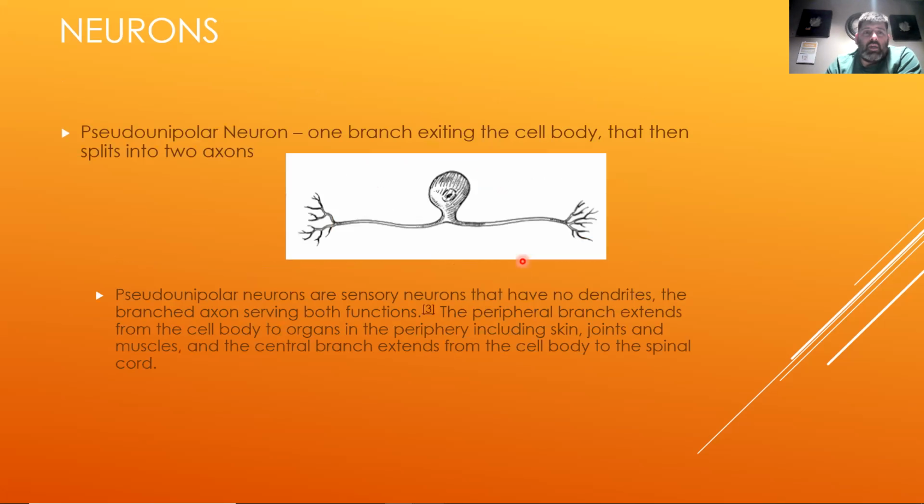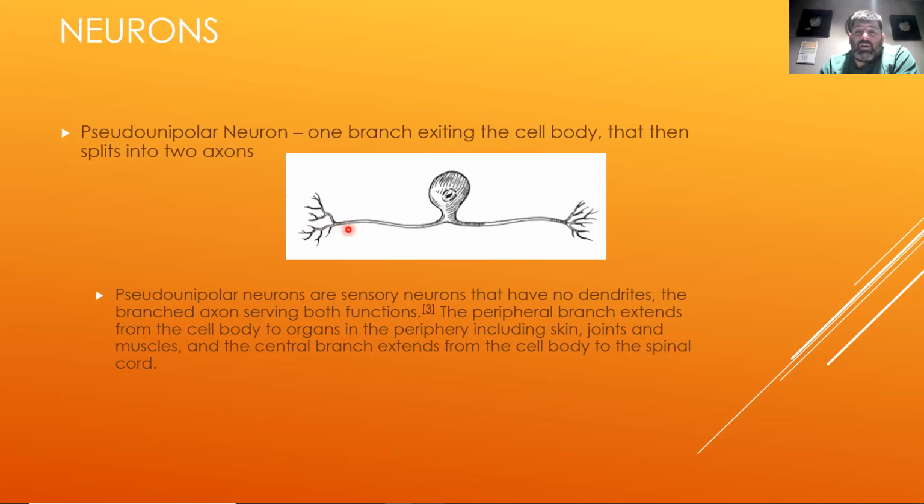Okay, and the last type is called a pseudo-unipolar neuron. And the reason why it's called a pseudo-unipolar neuron is because we see this singular branch off of the cell body that then splits. And it's actually an axon that splits. So both ends of these are axonal in nature.